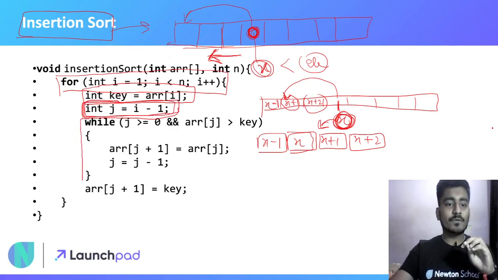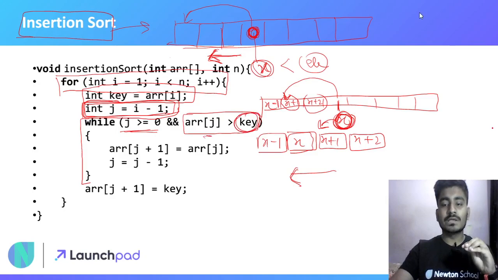Now we will iterate from j towards left, okay. So that will be obviously while j is greater than or equal to 0, and while my element at jth position is greater than my current key, okay.